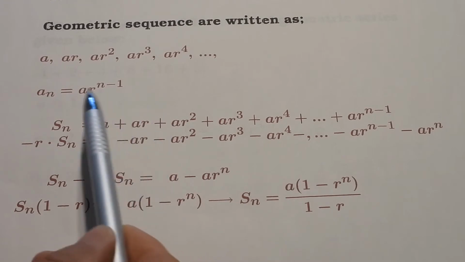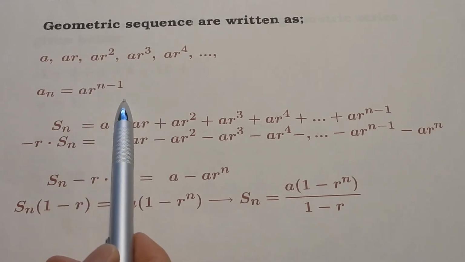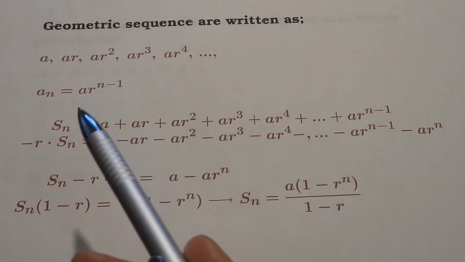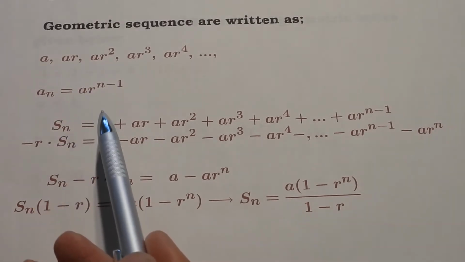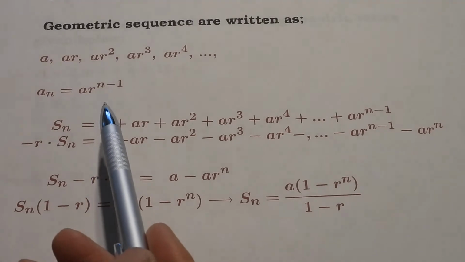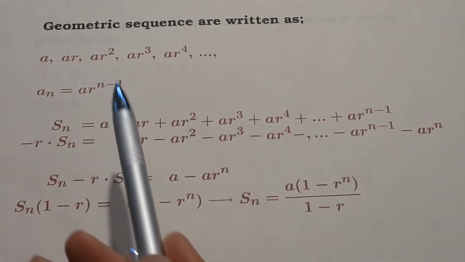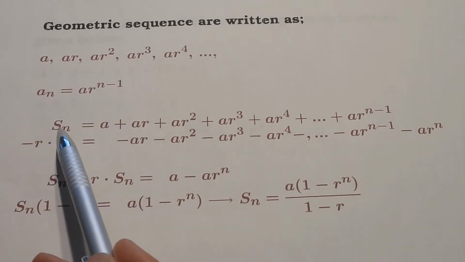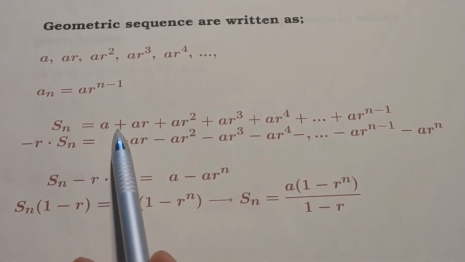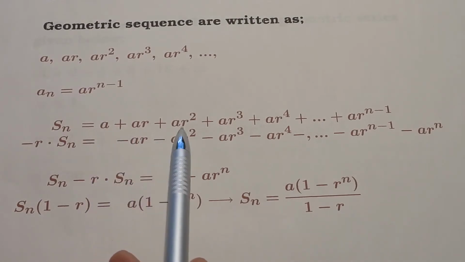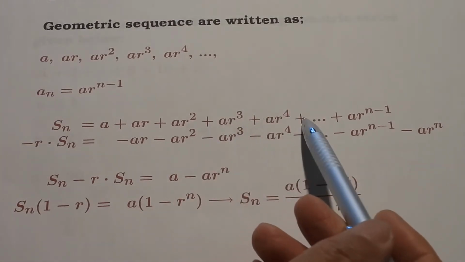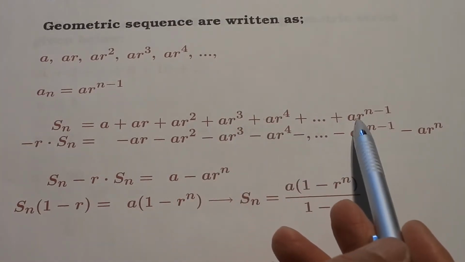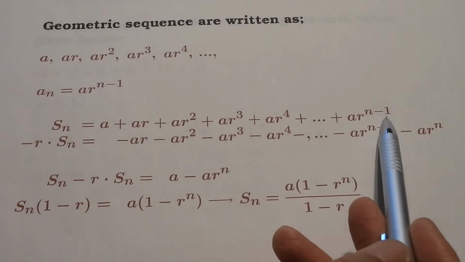Okay? Once we know that, the next step, we really need the formula for the sum of a geometric sequence. The sum of n terms will be a plus ar plus ar squared plus ar cubed, all the way up to a times r to the n minus 1 power.